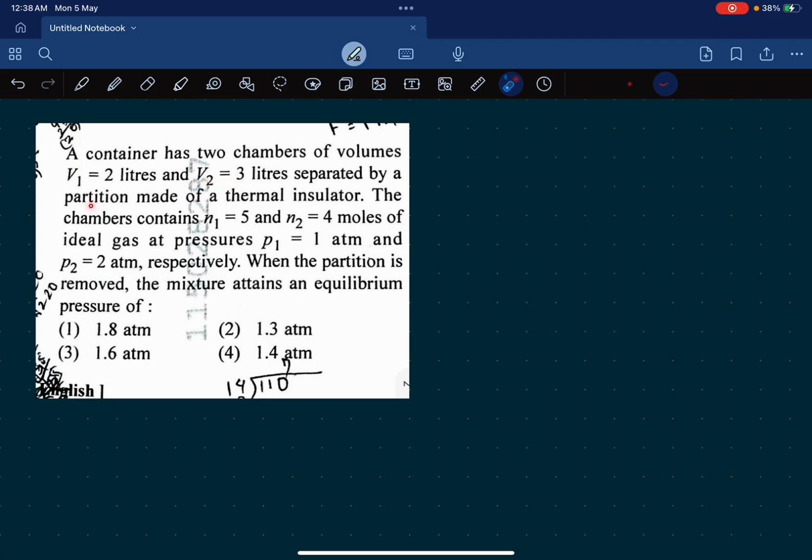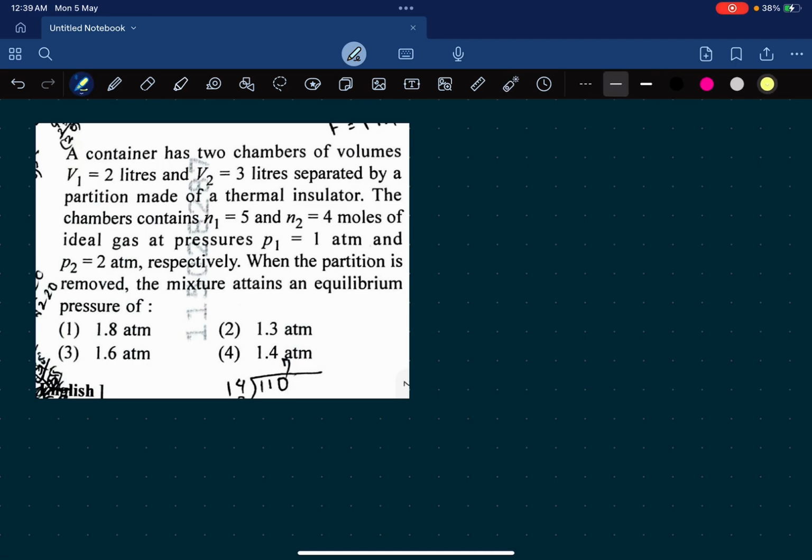They are separated by a partition which is made of a thermal insulator, and the two chambers contain ideal gases of 5 mole and 4 mole respectively, at pressures of 1 atm and 2 atm. Now, as in the common situations we deal with, the partition is removed, and once it is removed, the mixture will attain a particular equilibrium pressure, and we have to calculate that equilibrium pressure.